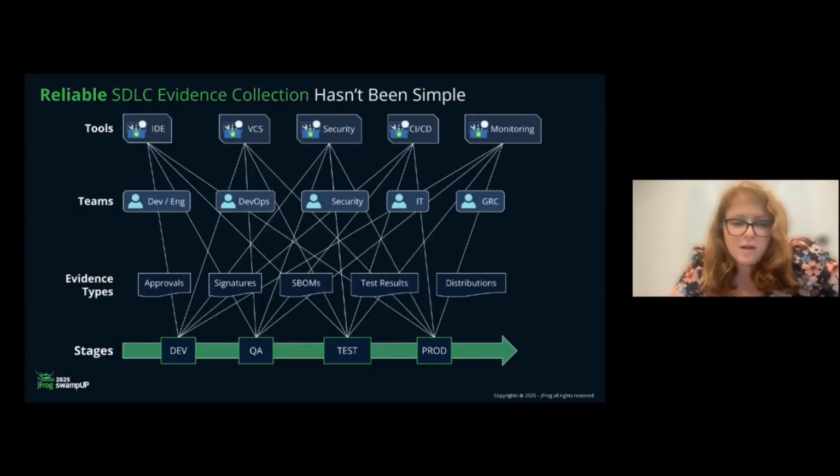So the fundamental problem is that this evidence is scattered. It is siloed, hard to correlate, and it's nearly impossible to rely on it, which makes the complexity and the evidence collection very difficult. And without a centralized system, you're left with manual processes and uncertainty, which is a major risk in today's compliance landscape.